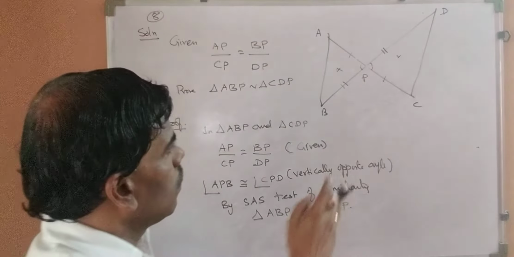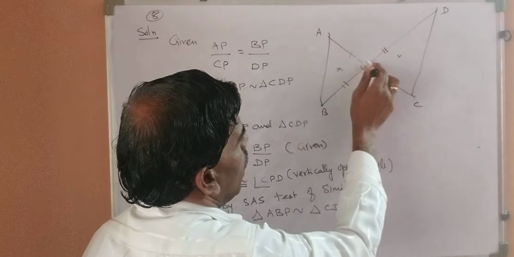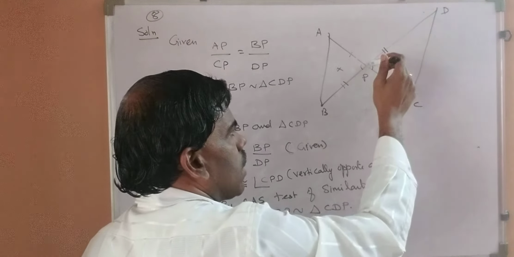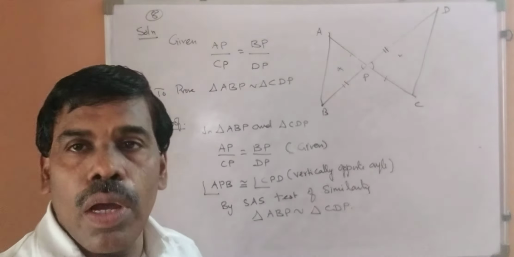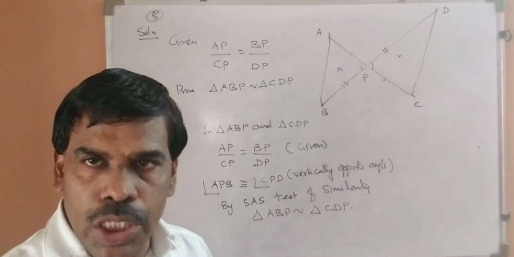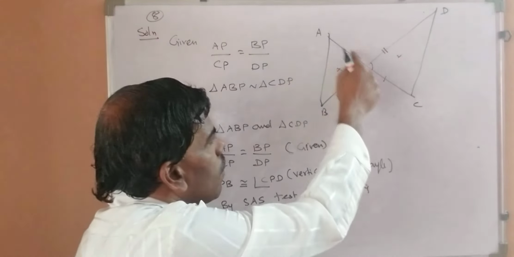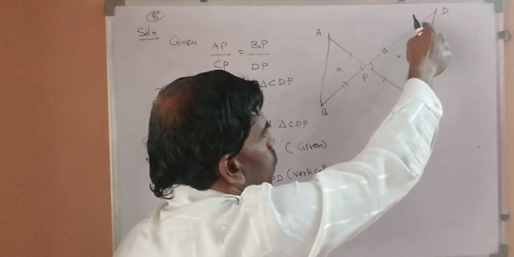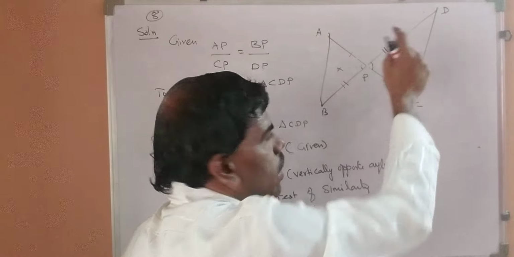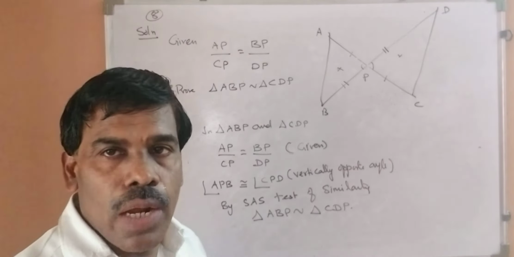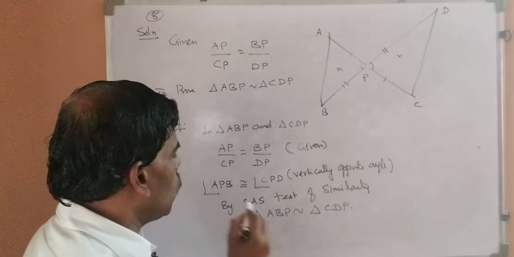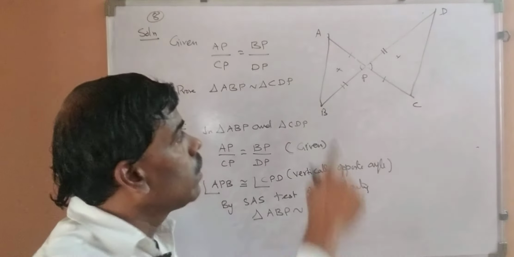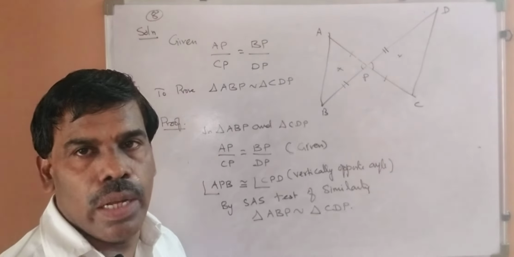What we did? This side is in proportion with this side, and this side is in proportion with this side, and these two angles are congruent. So, which test is suitable here? Side, angle, side of the first triangle is in proportion with side, angle, side of the second triangle. Therefore, very well you can use SAS test of similarity to prove that these two triangles are similar. That's all.